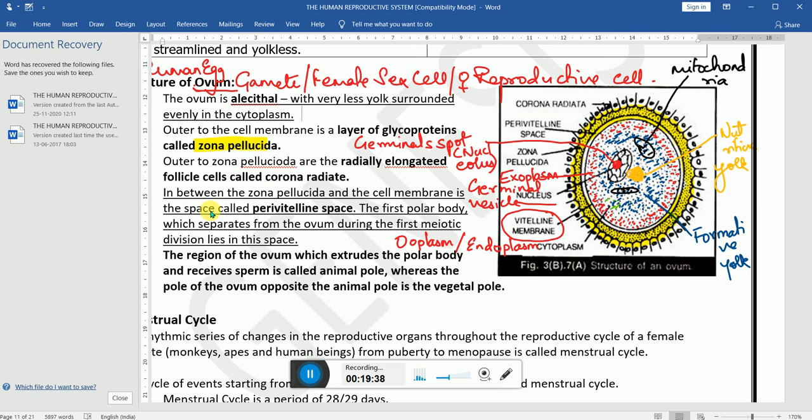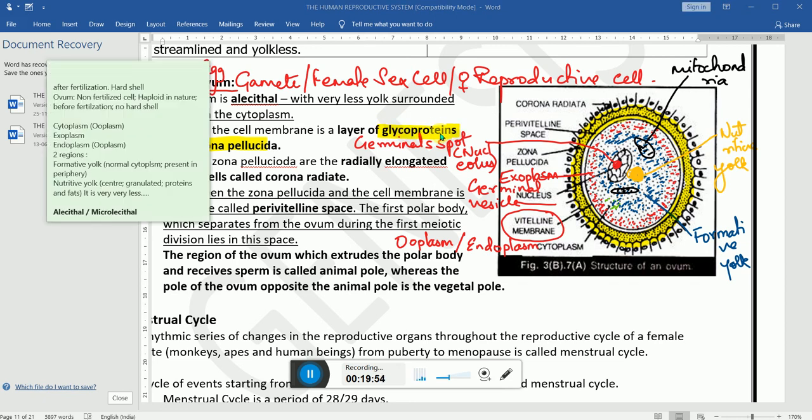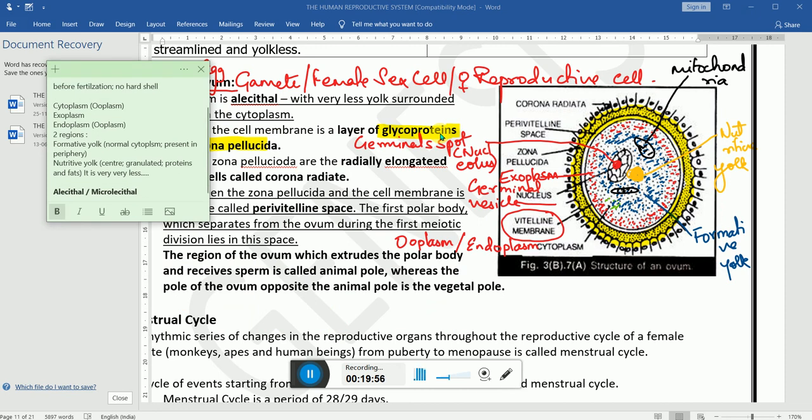It is present outside the Vitelline membrane, and it is made up of a layer of glycoprotein. Now if somebody asks you what is the function of glycoprotein, here is the answer. What you are supposed to tell: the layer of glycoprotein, the zona pellucida. First of all, this zona pellucida is also called zona striata.